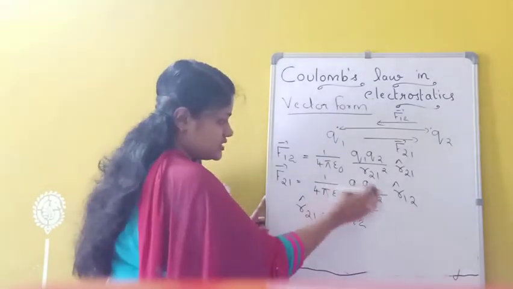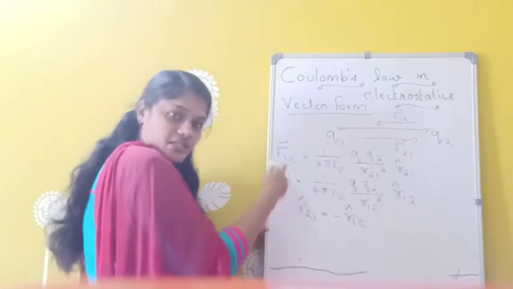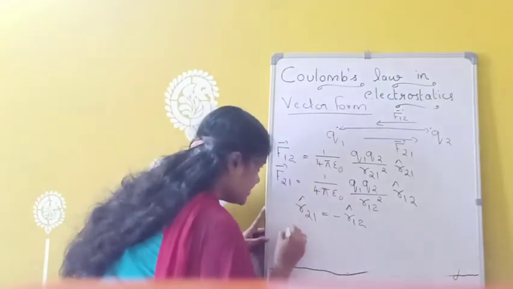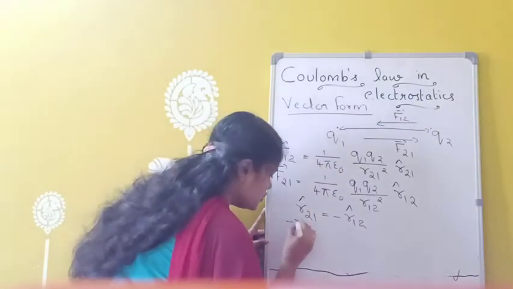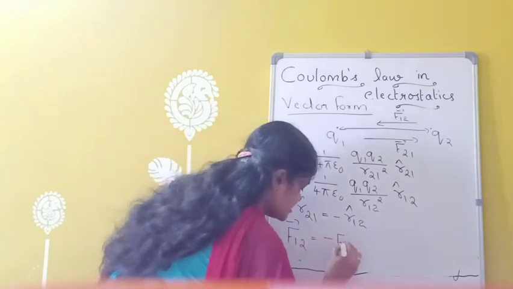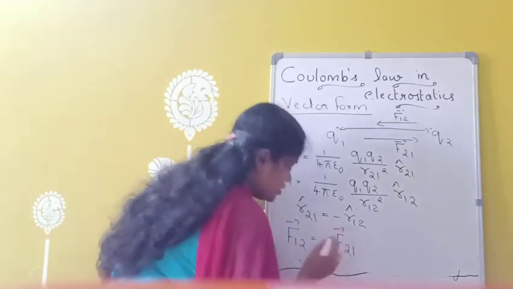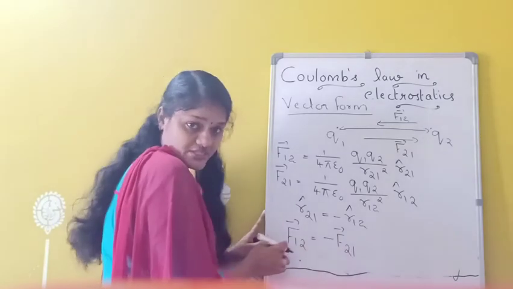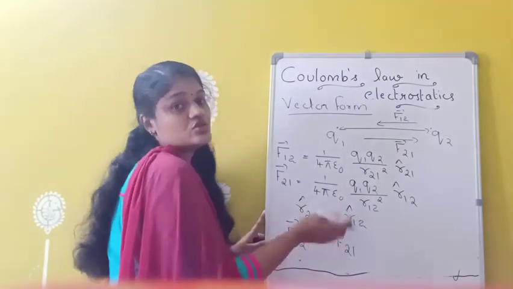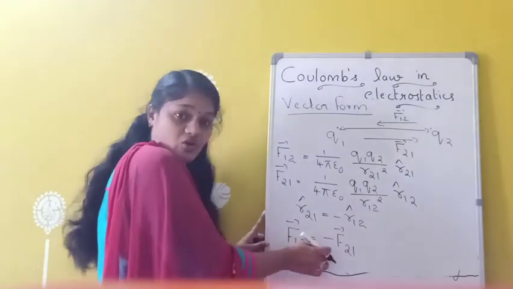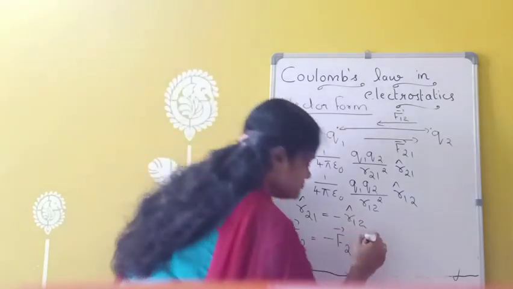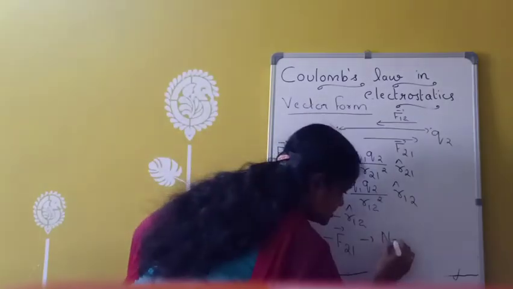So both are in opposite direction means what about the forces? They also will be in opposite direction. So we can write F12 equals minus vector F21. So both magnitude of forces are same only, but the direction is opposite. That means it obeys which law now? Newton's third law.